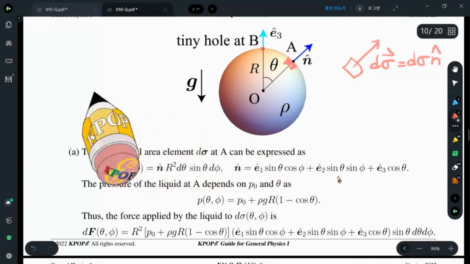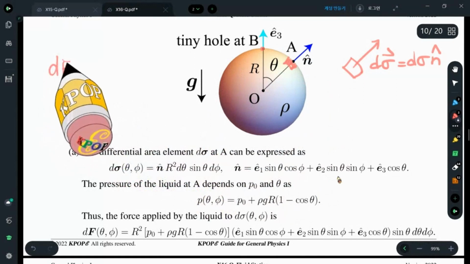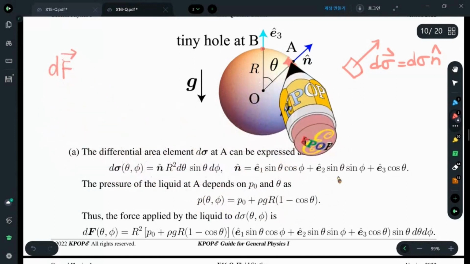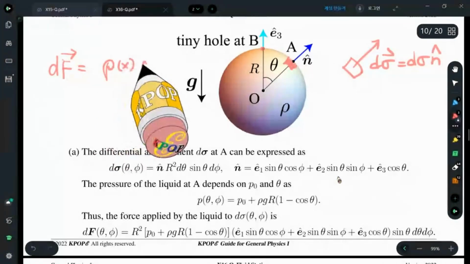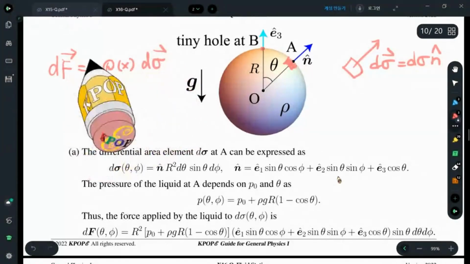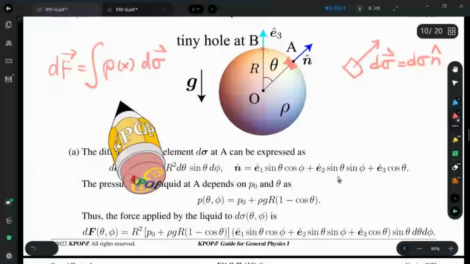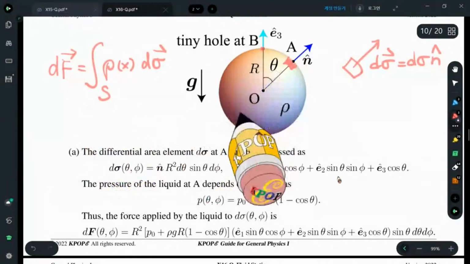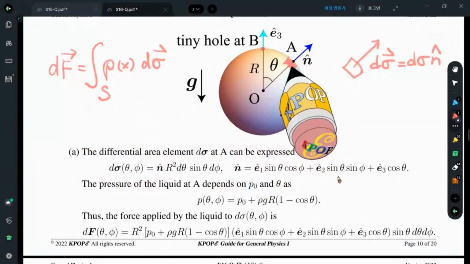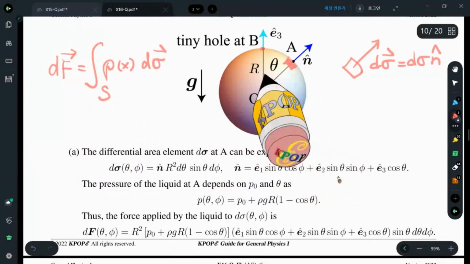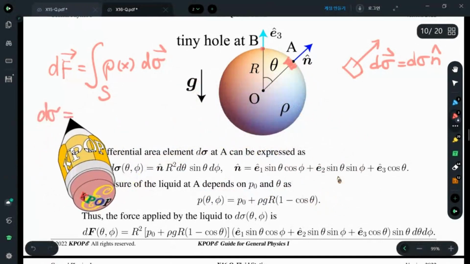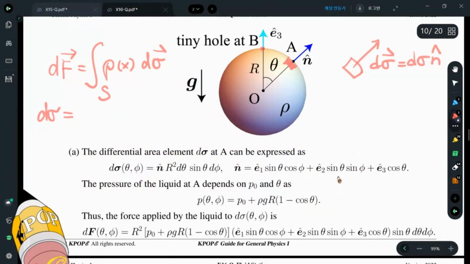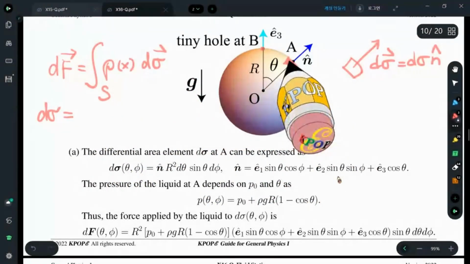You remember the force dF applied to the patch dSigma is the pressure at point x times dSigma, integrated over the surface. And how can I do that? dSigma is the area of this patch.